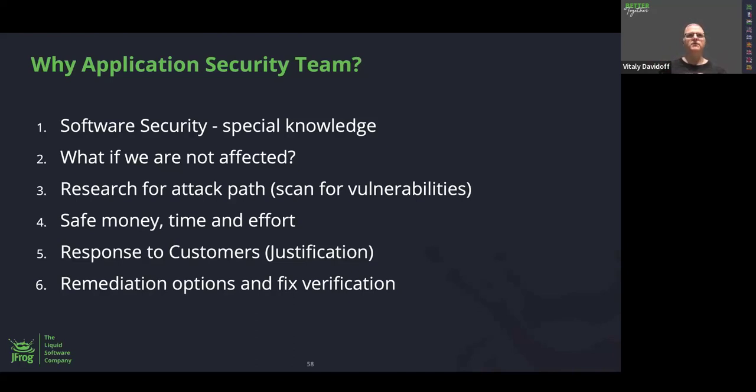But if you are talking about Log4j, this is the payload. This is JSON information inside the payload. Who knows that this one is malicious and can lead to remote code execution on your server? So you should understand how Java works. What is actually the payload? What is deserialization?